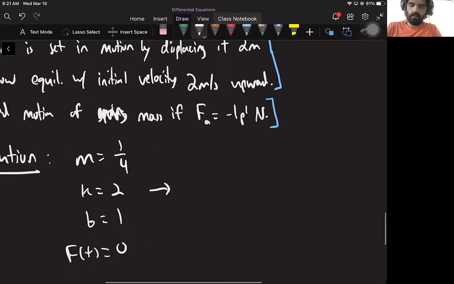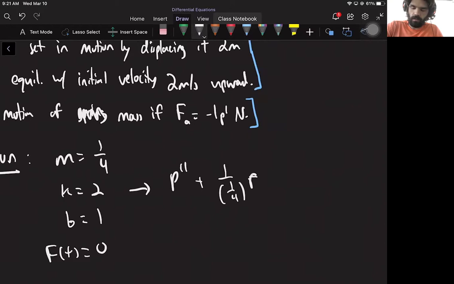Put it all together. Make a nice piping hot differential equation to solve. So 1 is B, so it's 1 over 1/4 P prime. K is 2 over the mass is 1/4 P, still no external force. So we get this.